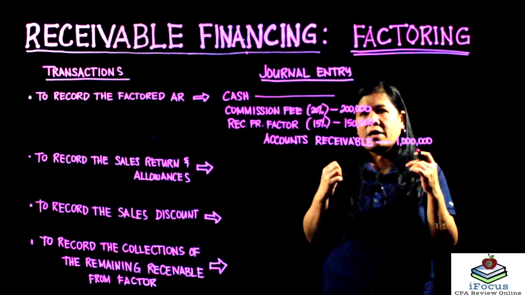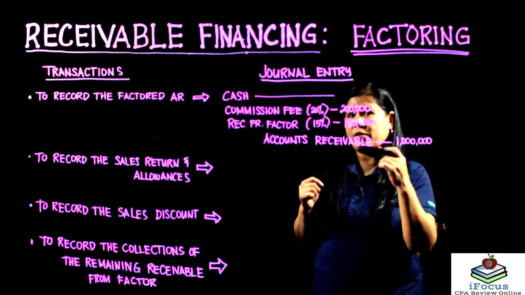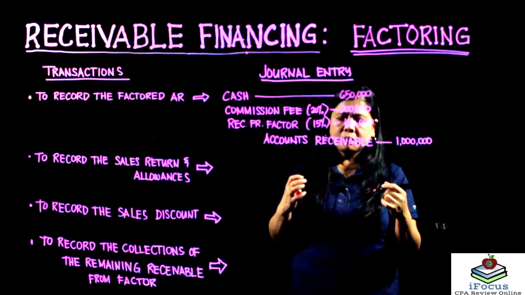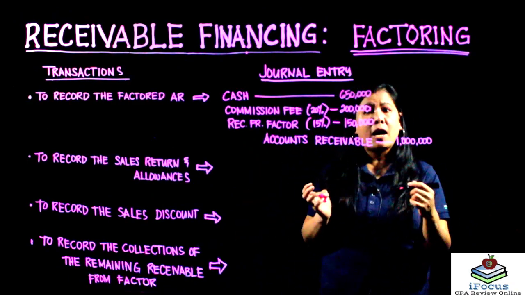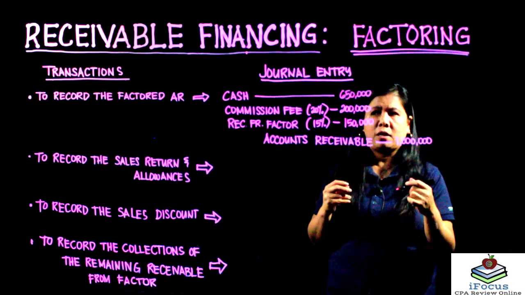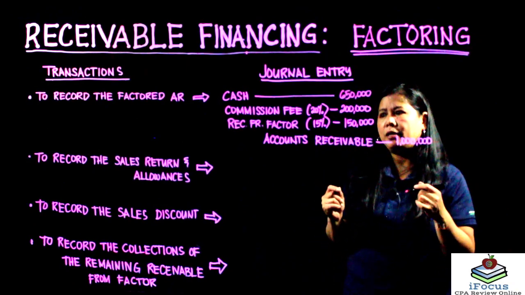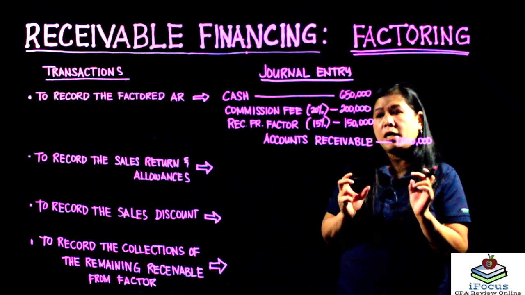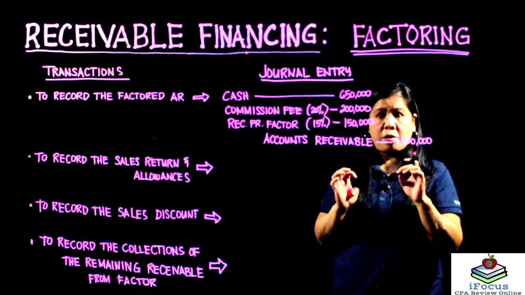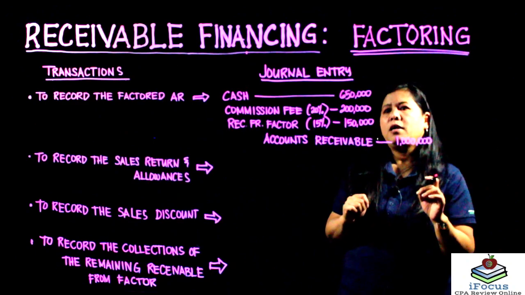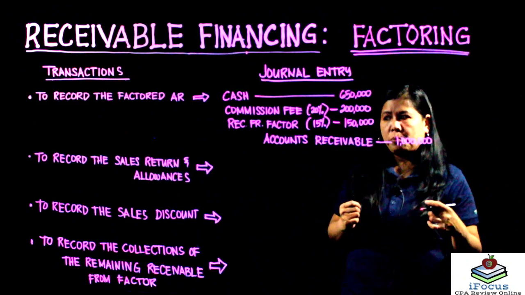We receive a cash of 650,000. So, sometimes sa problem, hinahanap yung cash proceeds sa factored na accounts receivable. And sometimes, hinahanap din yung receivable from the factor. Alright? Then, alam mo kung paano mo siya i-compute.